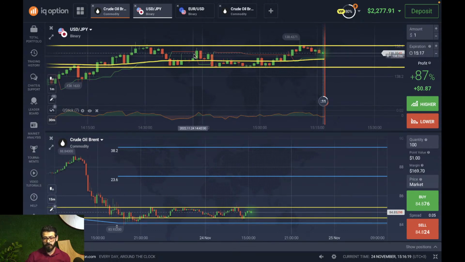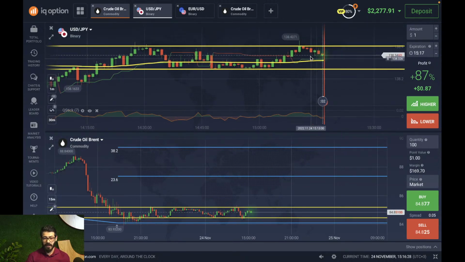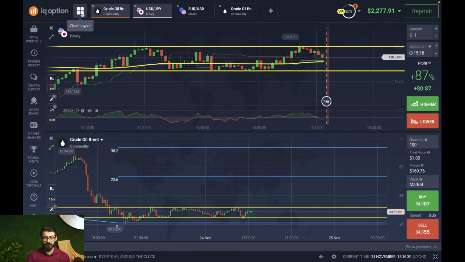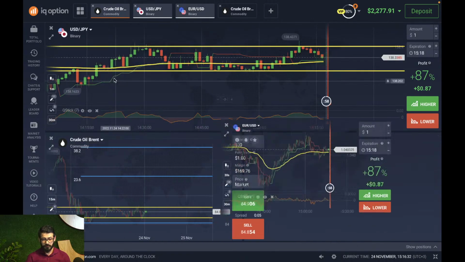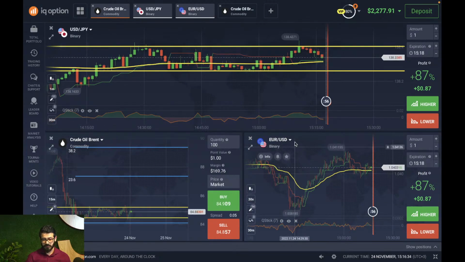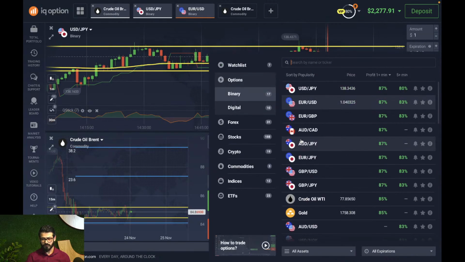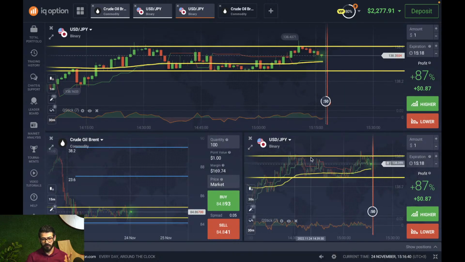Now here I have it on the binary, so I can open a position on the binary, however I can also switch it to Forex. So I can trade this on the binary the moment the breakout happens. I can even add another screen to have the same asset, the USD JPY, or a different asset. I don't know if it can happen. Can I open? I can. Perfect.